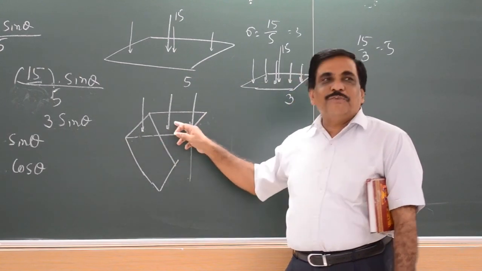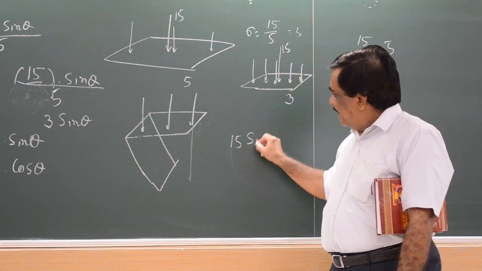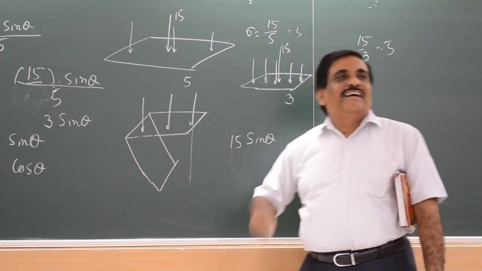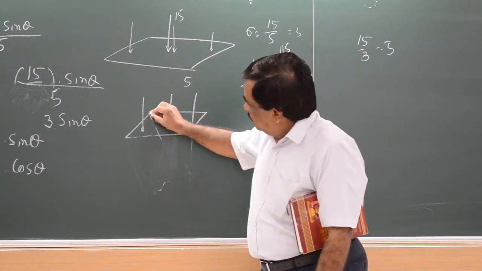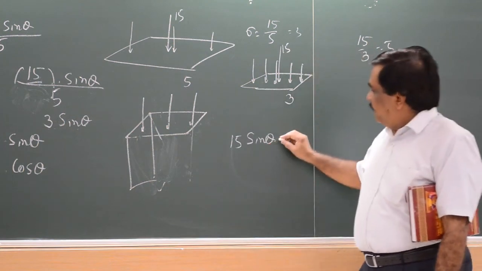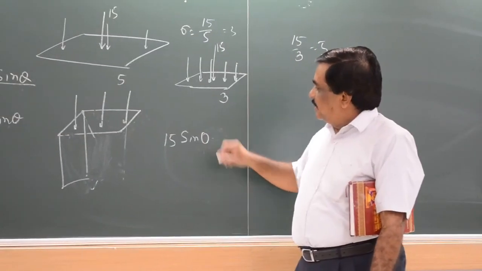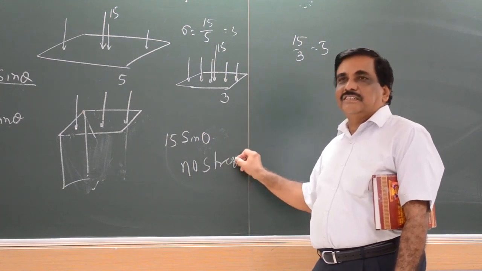Only 2 arrows are coming. So that is 15 sin theta. If plane is vertical like this, no arrow will come inside. So 15 sin theta ये पूरा हो जाएगा 0 डिग्री. So no stress.